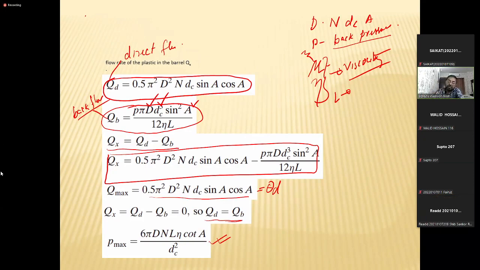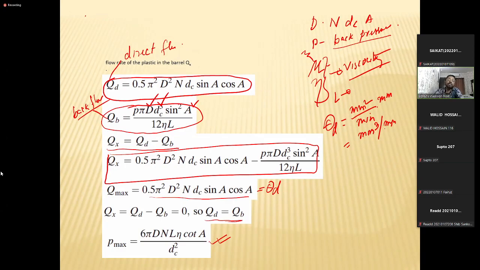So let us see what our Qd unit is. Millimeter square divided by per minute, then millimeter, so we are getting millimeter cube per minute.